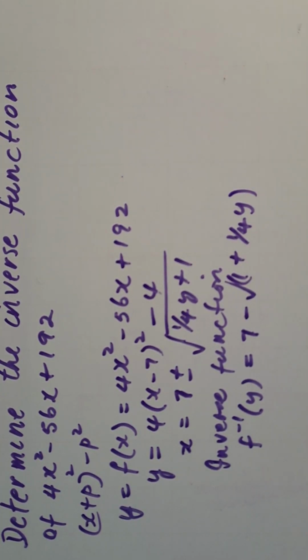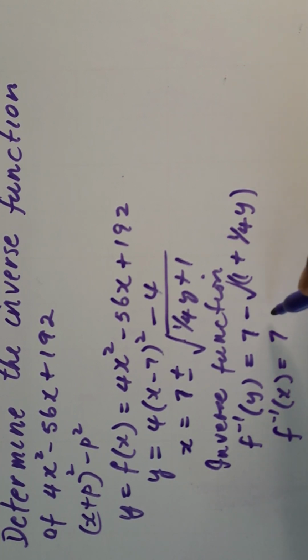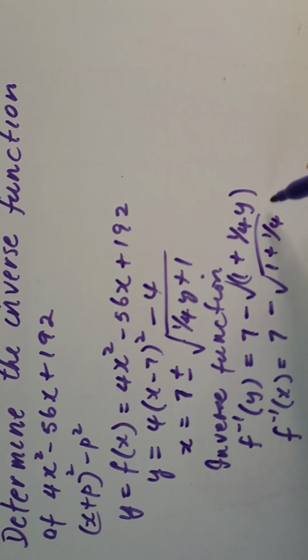Or alternatively in terms of x, we can write f inverse of x is equal to 7 minus the root of 1 add a quarter x.